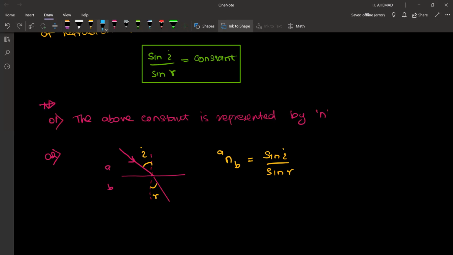Here we read this as the refractive index of B with respect to A. So look, the light is passing from A to B, so we call this the refractive index of B with respect to A.